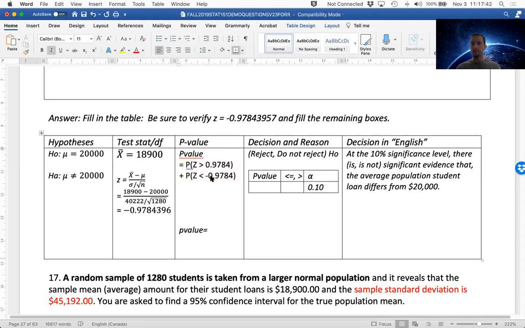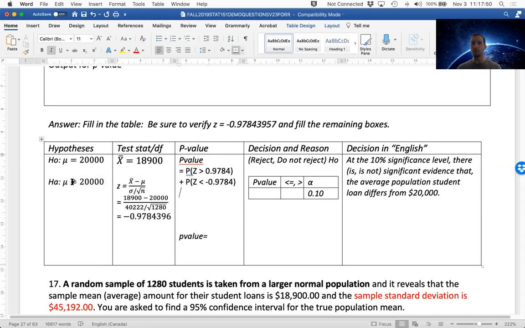Now, the reason that we have z being greater than the positive and z being less than the negative of the same value is because it is a two-tailed test. So this addition here represents the two-tailed feature given in the alternative. So the does not equal sign in the alternative leads to the two-tailed test, which is why we're adding the two areas above and below the test statistic.